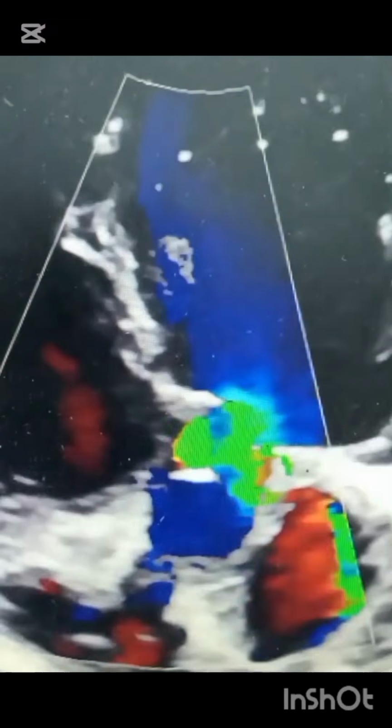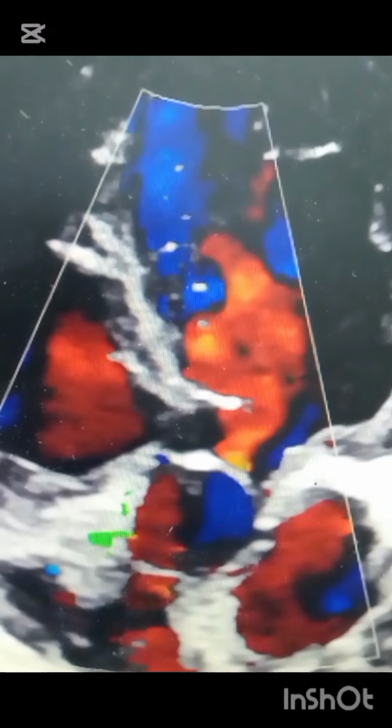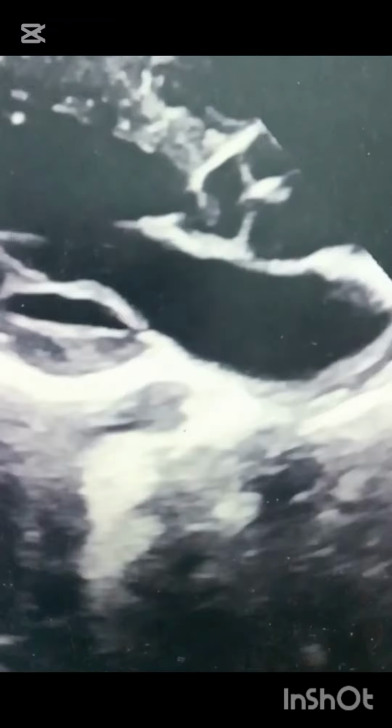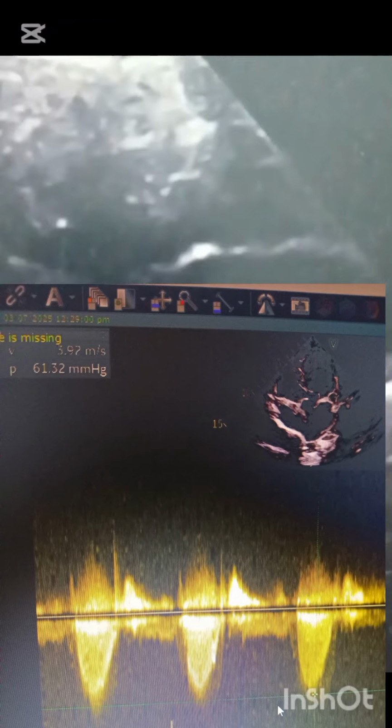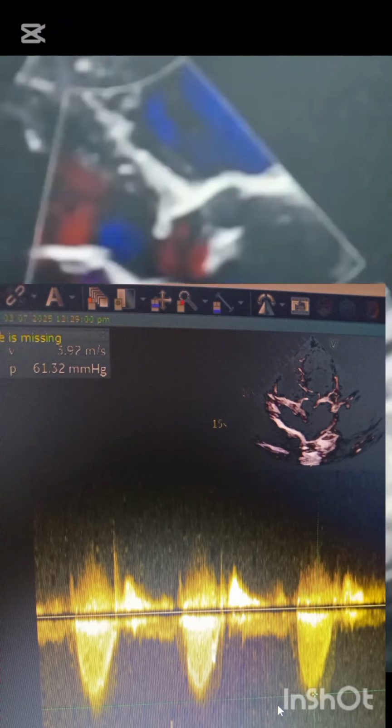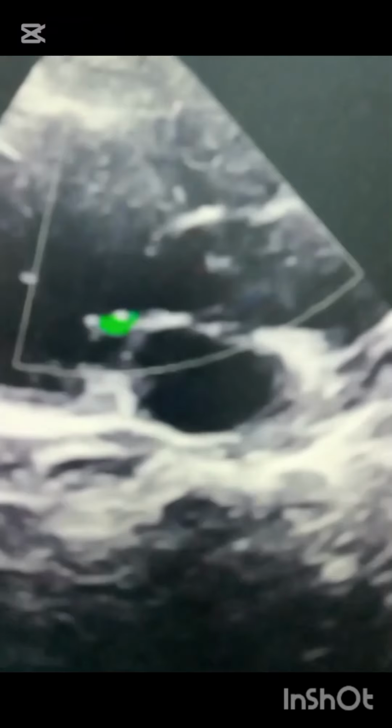Regarding the gradients and severity: a mild pressure gradient is greater than 30, more than 50 is moderate stenosis, and greater than 70 is severe stenosis. In this case, we have a 60 millimeters of mercury pressure gradient, so this is a moderate type of subaortic stenosis.